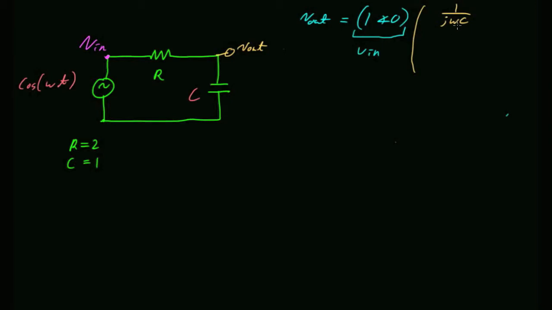You notice I leave omega as omega. I don't know what number it is, and we're going to deal with that at the very end. Over what? R plus 1 over j omega C. So impedance of capacitor over impedance of resistor plus impedance of capacitor.